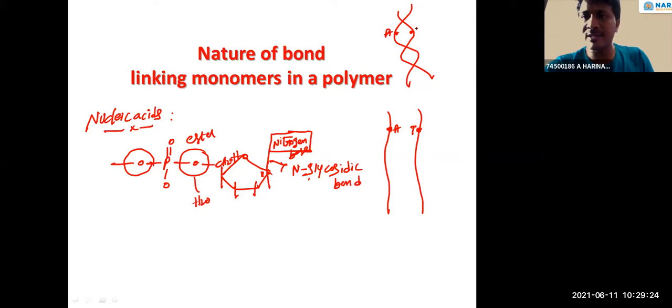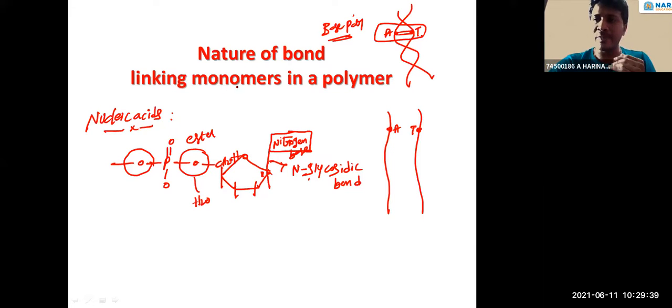Imagine this one is adenine, thymine. Automatically they bond to each other by the formation of hydrogen bonds. So this is called a base pair, base pairing.